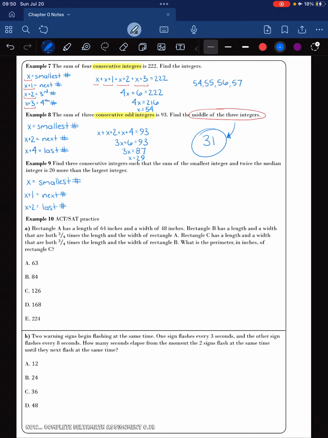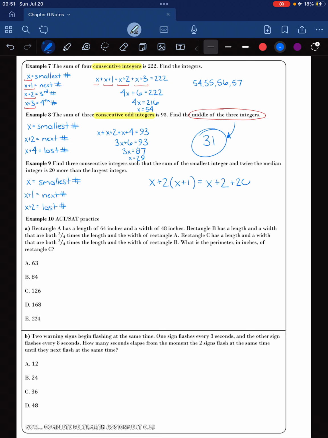Such that the sum of the smallest and twice the median. So the sum of the smallest, x plus, because sum means add, twice the median, so 2 times, we need to make sure we put that middle one in parentheses, x plus 1, because we need to multiply it by that whole representation of that number, is 20 more than, so I'm going to have a plus 20, the largest.